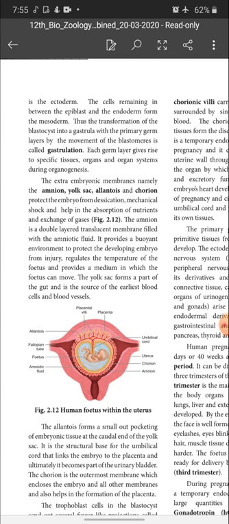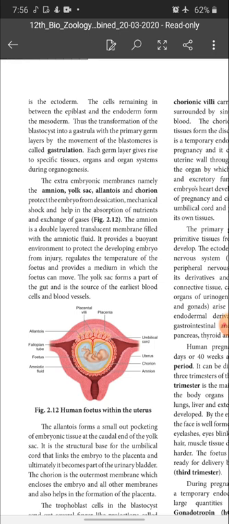Thus the transformation of the blastocyst into a gastrula with primary germ layers by the movement of the blastomere is called what? Gastrulation. 2 markers in bracket. So the transformation of the blastocyst: when the embryo gets attached to the uterine endometrium, it is in the form of what?